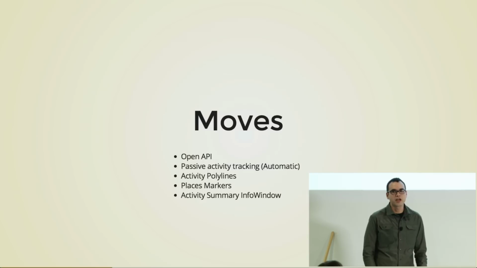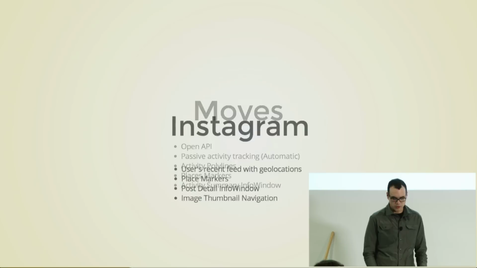It's a passive tracking type of application, and it gives us activity polylines, which refer to where a person has traveled, place markers, which refer to where they have stopped and visited, and a little summary that gives us calculations of whether they've been moving via walking, cycling, or transport.